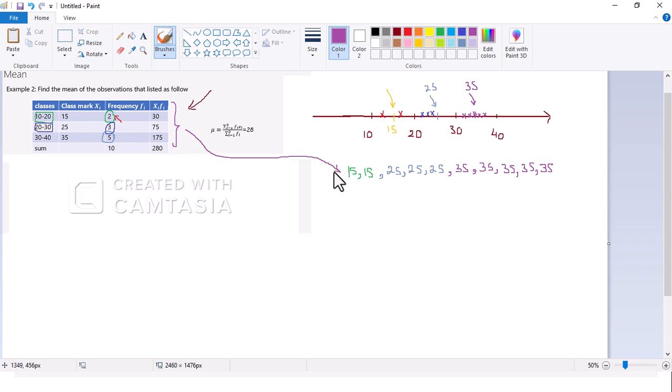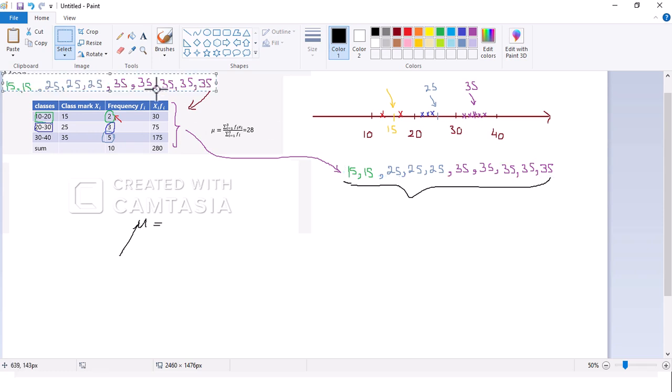Right now, again, for calculating the mean that we denoted here by mu, another Greek alphabet, we can add these numbers and divide by the number of the data that we have here. That means we should add them, so let me write them here.